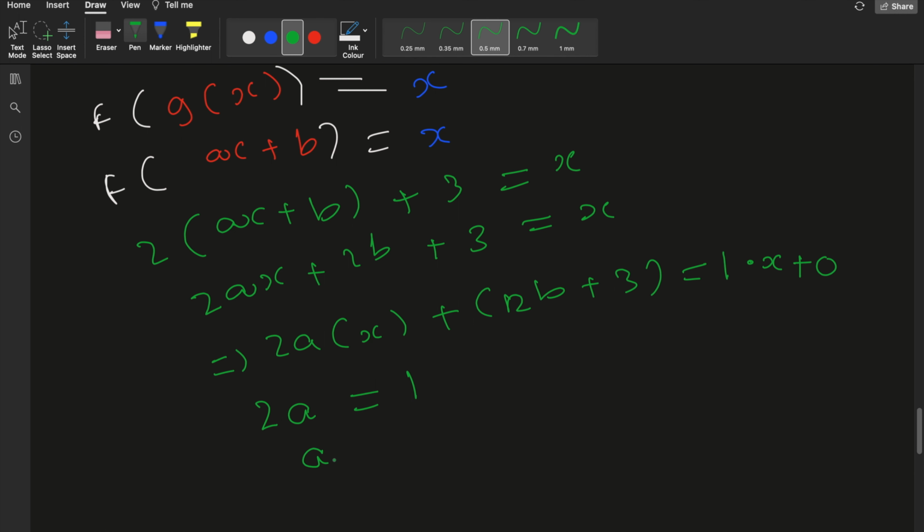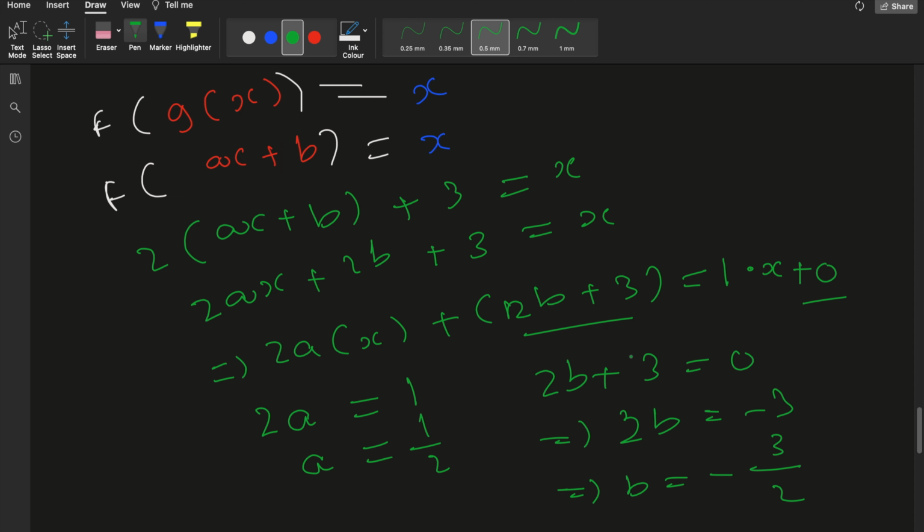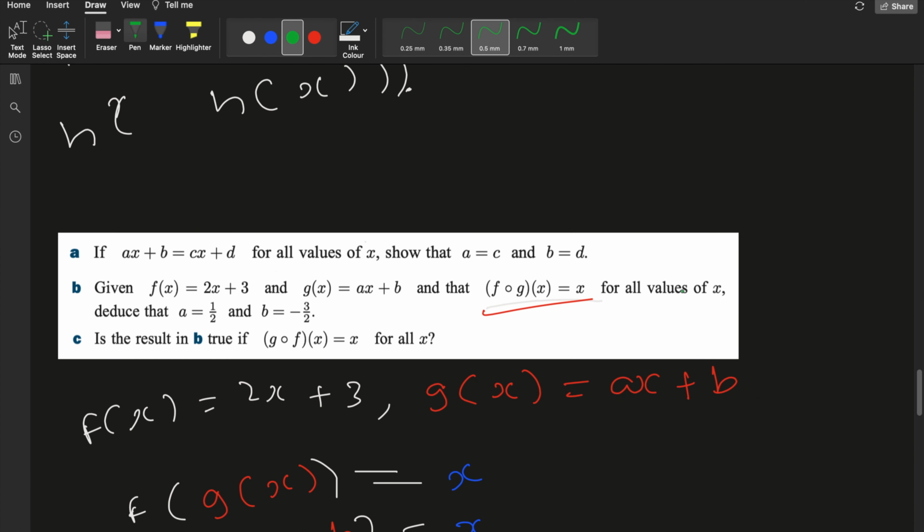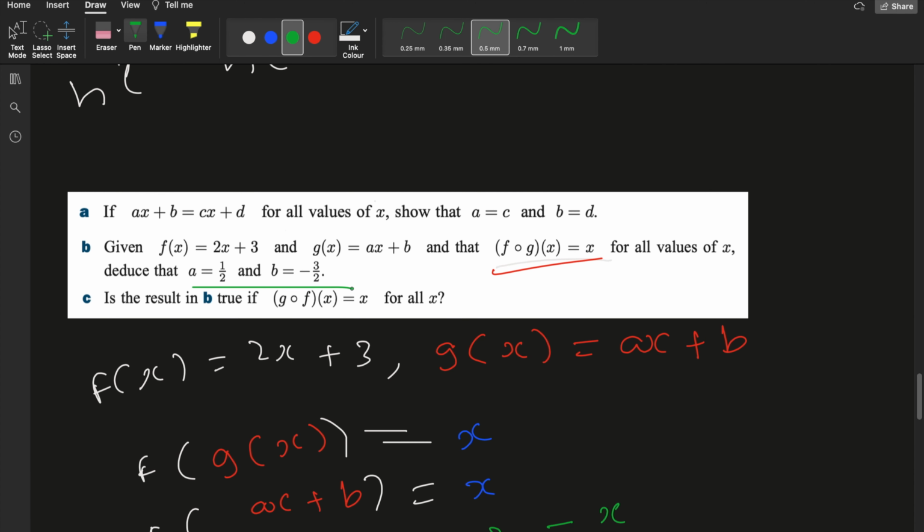So a equals 1 by 2, and we have to equate this to 0. So 2b plus 3 equals 0 implies 2b equals minus 3 implies b equals minus 3 by 2. And yeah, that's the answer.